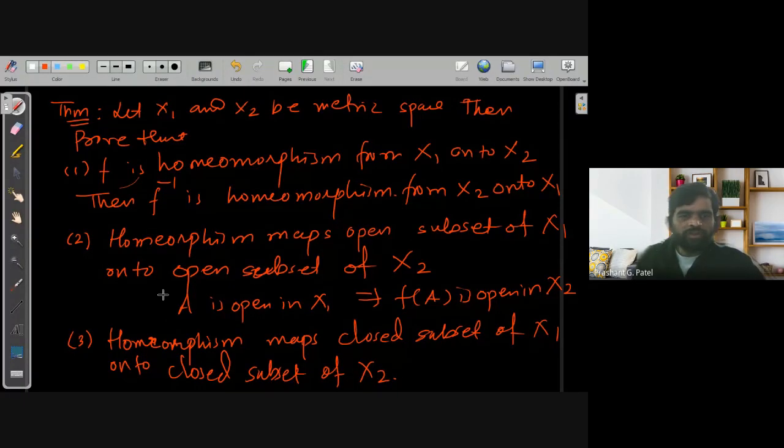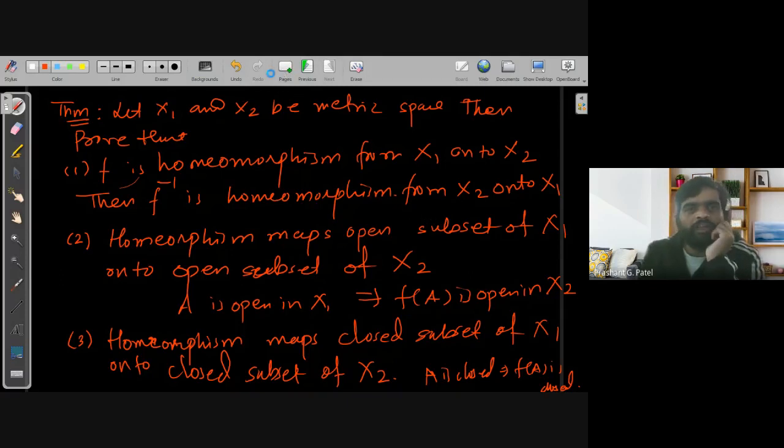So this third statement says that if A is closed, then f of A is closed. That means it preserves openness and closedness under the homeomorphism.